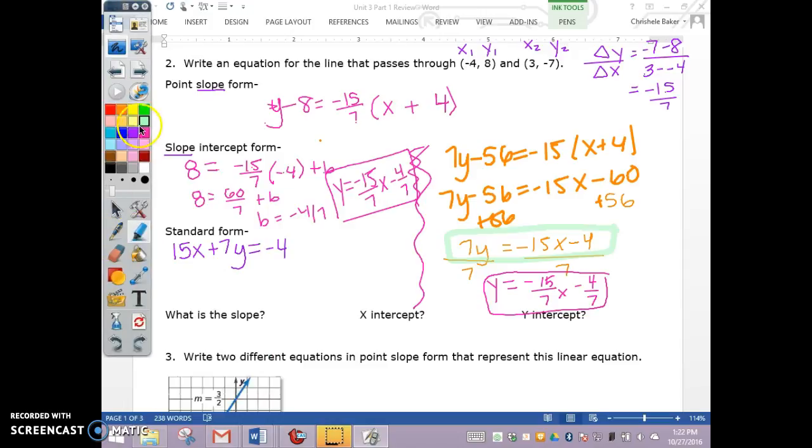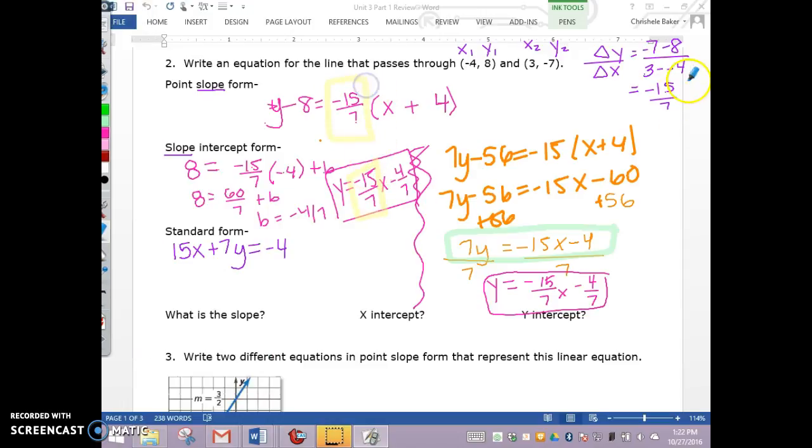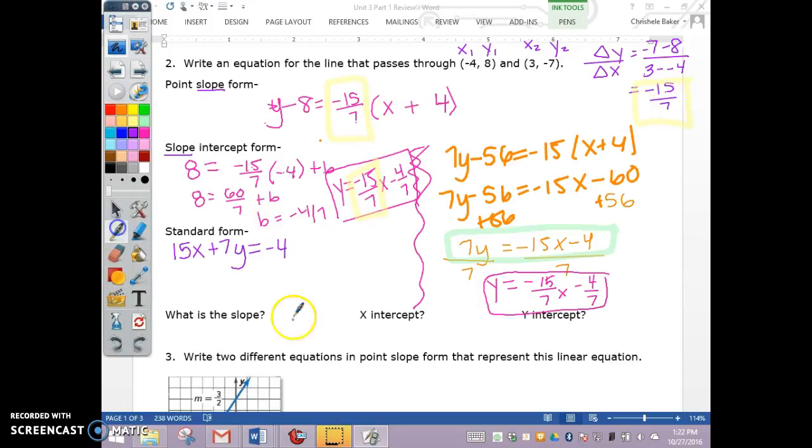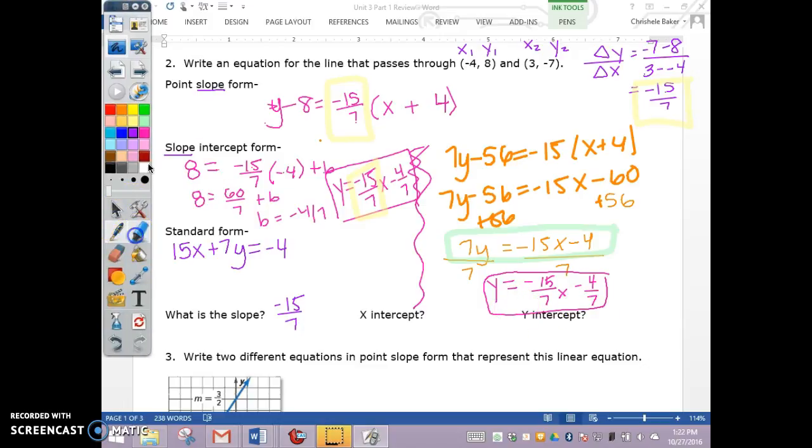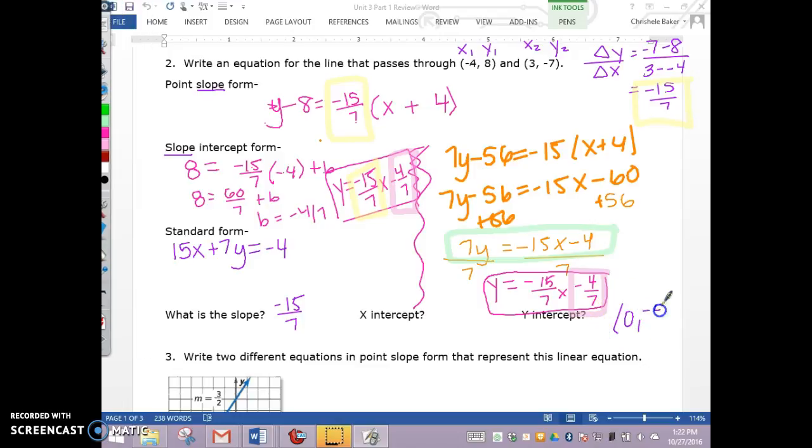My slope comes exactly from right here. I already found it. Negative 15 over 7. My y-intercept comes right here. That's our b. Written as an ordered pair, it's 0, negative 4 over 7. Now my x-intercept is not something that I see in any of these forms.